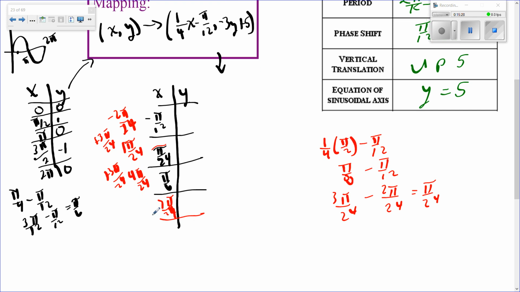And you'll want to work with common denominators. This doesn't reduce anyway, but if it reduced, I would just in my head at least keep track of what it was over 24. Add 3 more pi over 24s to this one. That's going to put me at 10 pi over 24, but that reduces. I can divide them both by 2. It would actually then be on my scale 5 pi over 12.